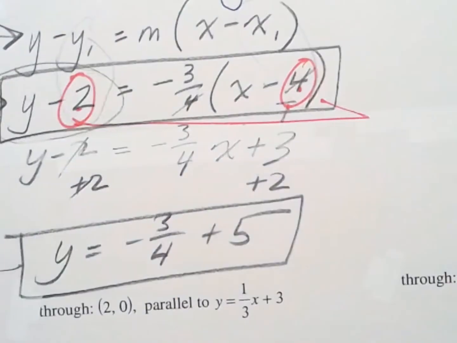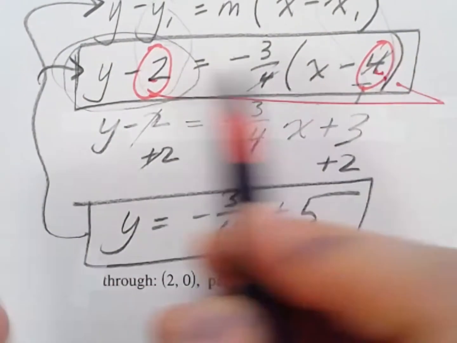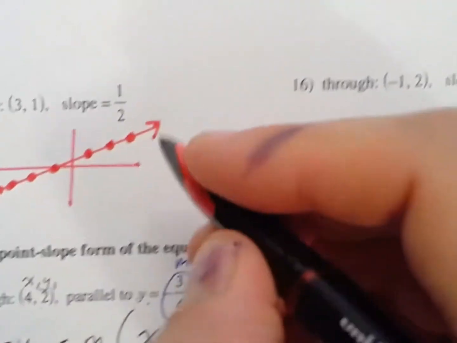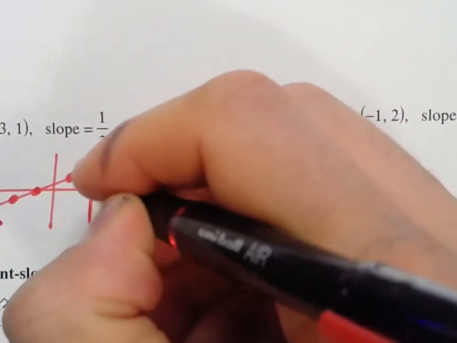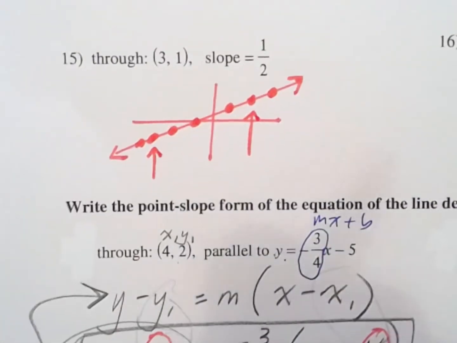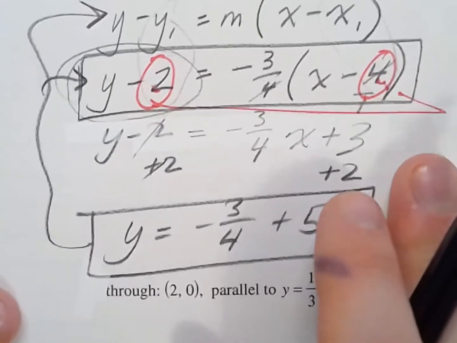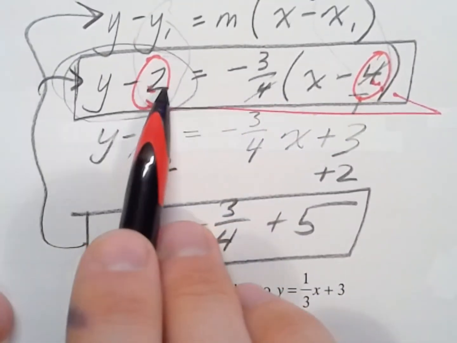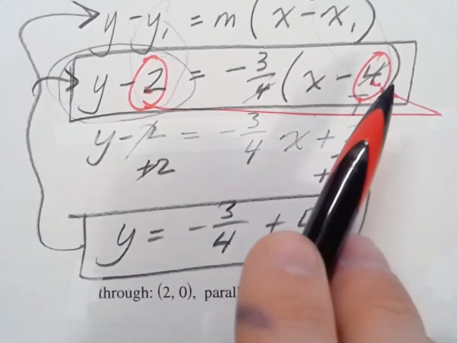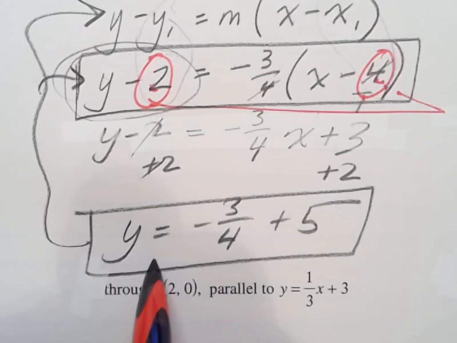If I have different starting points, x and y, that means I may just be picking that point as opposed to that point. But it doesn't matter which one I pick, because I'm going to get the same equation out of it. So even if you're starting with a different point value here for y1 and x1, you're still going to end up with this same slope-intercept form.